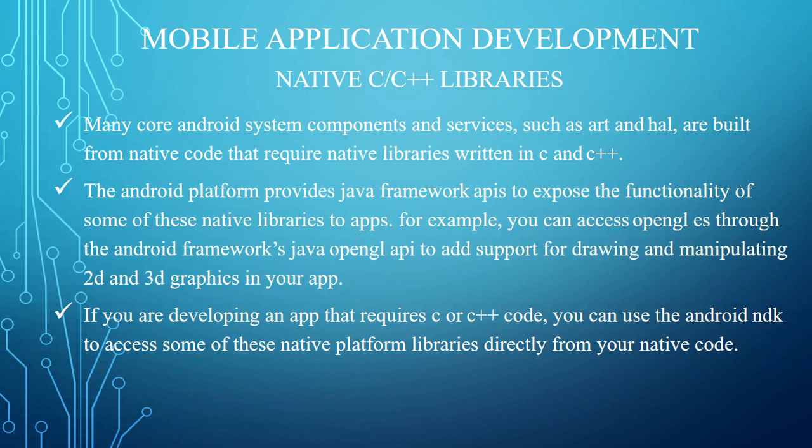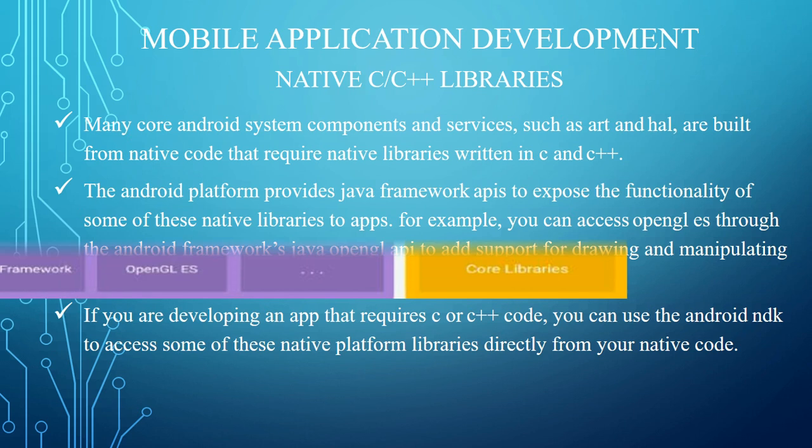And for us to access the functionalities in there, we will need the Android framework or Java APIs. If you are developing an app that requires C or C++ code, you can use the Android NDK to access some of these native platform libraries directly from your native code.